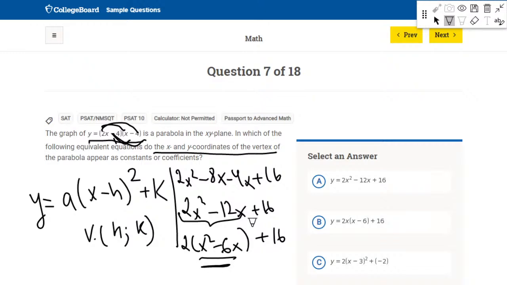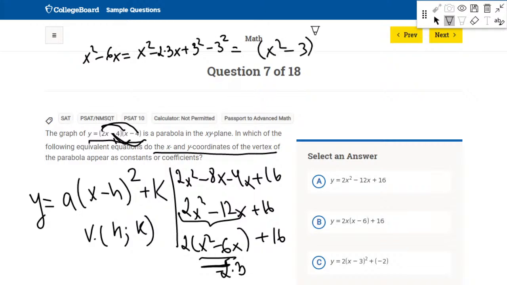And now I need to rewrite this in such a form that I would get something to the power of 2. And I see that this is 6, so I know that it should be 2 multiplied by 3, like minus 2x. So I realize that I can rewrite x squared minus 6x as x squared minus 2 multiplied by 3 multiplied by x plus 3 squared minus 3 squared. And this would give me x minus 3 to the power of 2 minus 9.